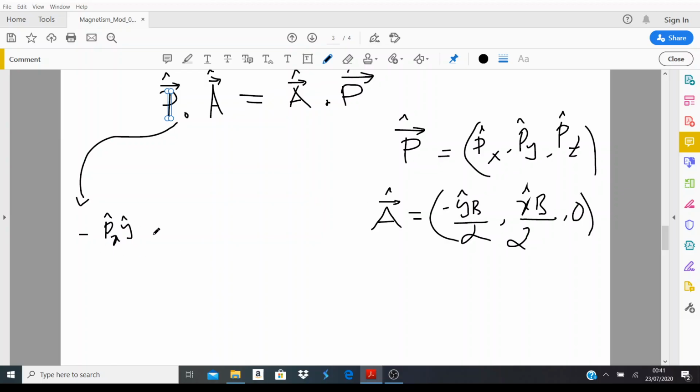The magnitude we don't care about, we can put it here. That's the first product. Then the second product is py times x, and both of them are operators, and we can put the magnitude B anywhere. The remaining product is 0, since the z component vanishes. So that's p dot a.